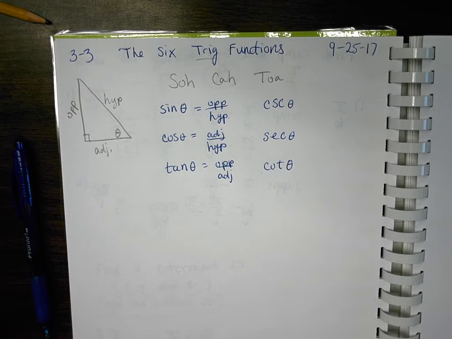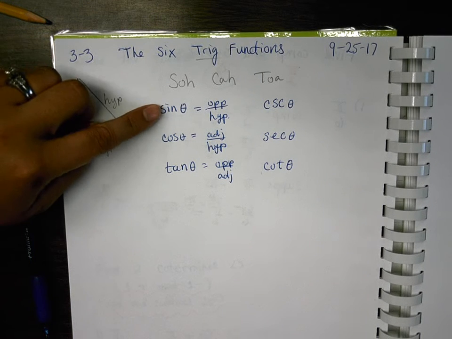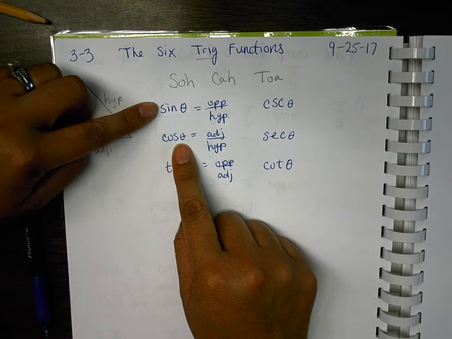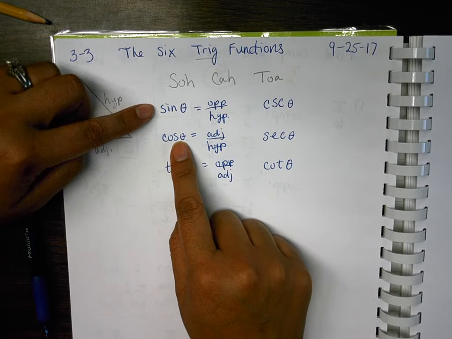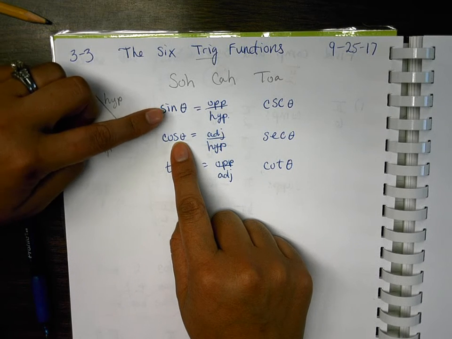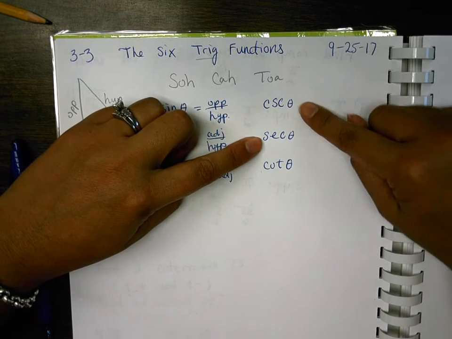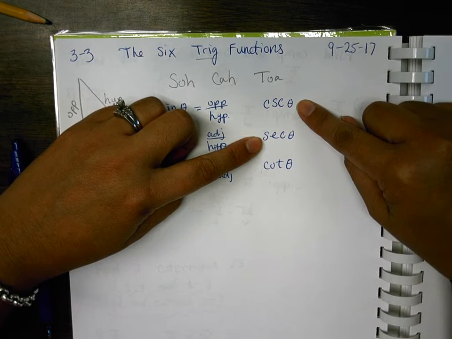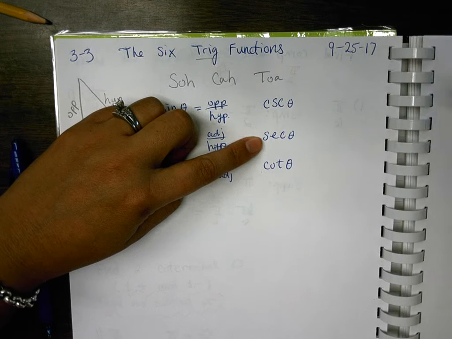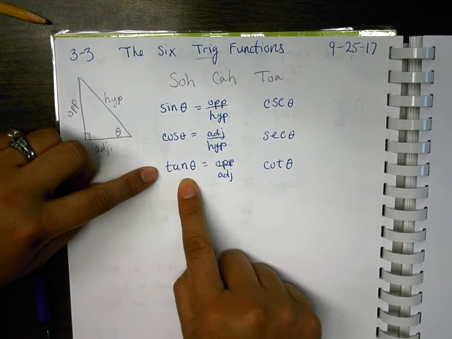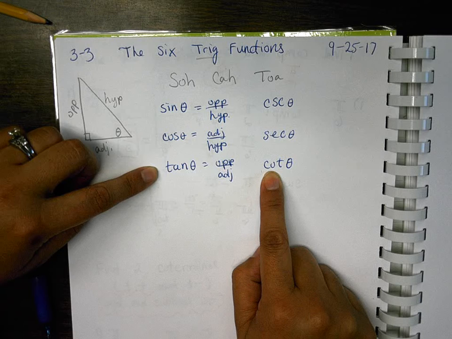I do want to talk about their names really quick. Notice sine and then cosine just pretty much puts co in front of this word. This is secant and this one is what? Cosecant, which pretty much just puts co in front of secant, and tangent and then cotangent.